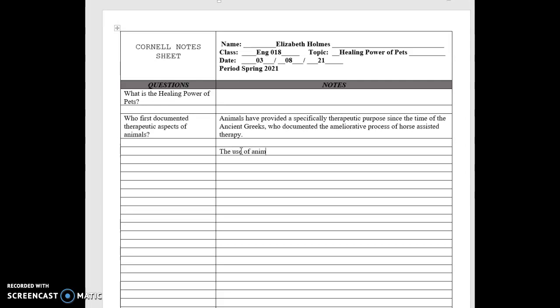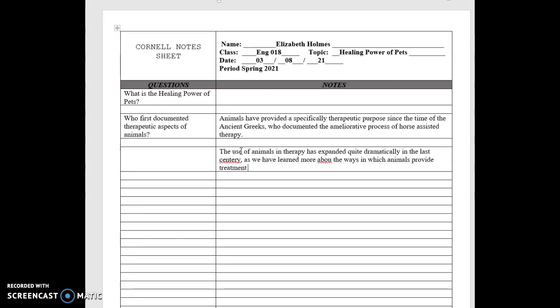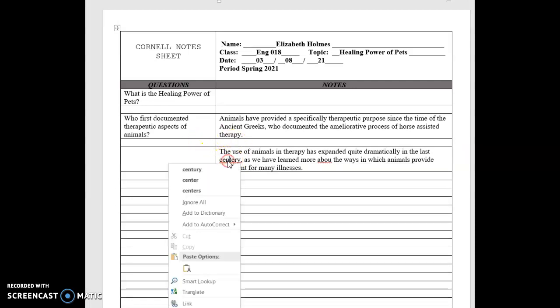The use of animals in therapy has expanded quite dramatically in the last century as we have learned more about the ways in which animals provide treatment for many illnesses. Okay.